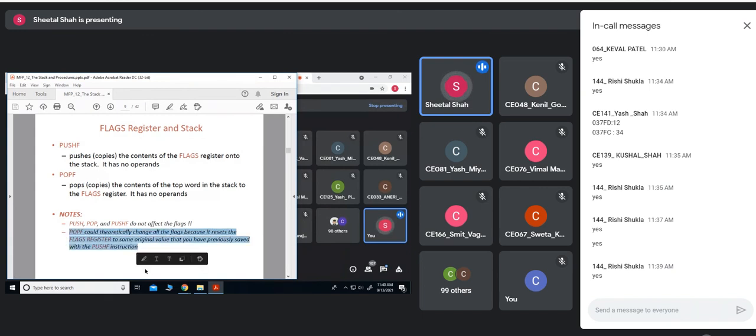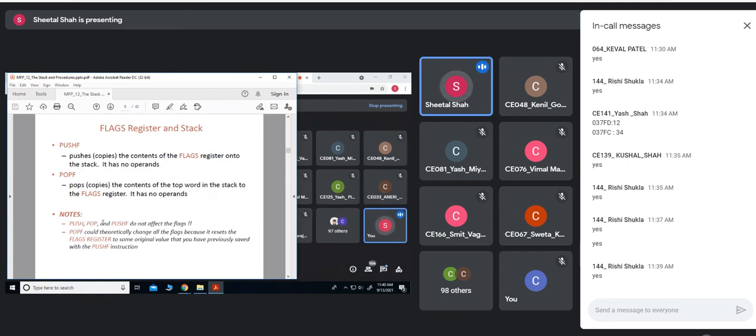If I am calling a procedure, then the status of the main program would be lost, isn't it? So when I come back, if I want to have the status of the main program in the flag register, I can push it onto the stack using the pushf instruction, and retrieve it back using the popf instruction.